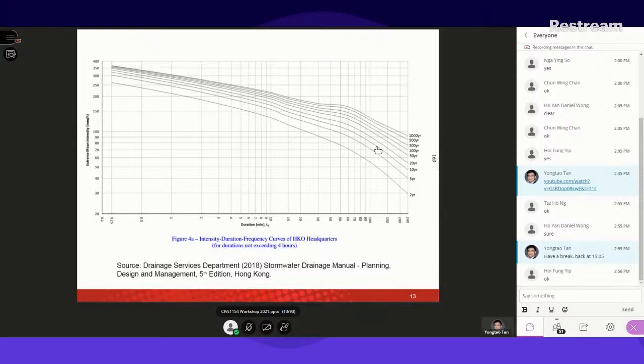So that's why the rainfall statistics at Hong Kong Observatory headquarters are normally used.